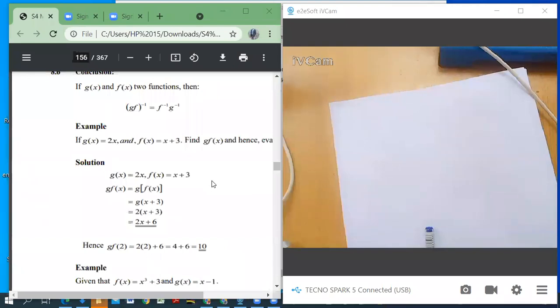Some part of the work I can't see. Part of the question.